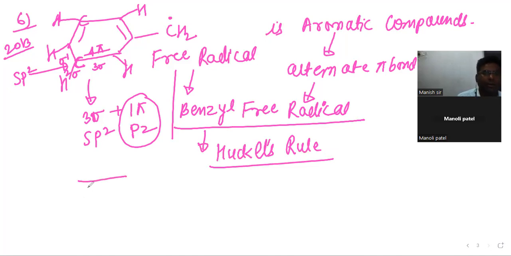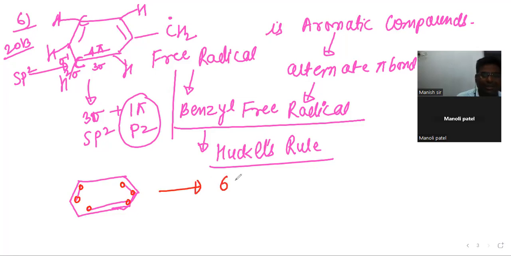So how will you count the pi electrons? Again, I am drawing this structure, right? So there are alternate pi bonds. So you can count the number of electrons: 1, 2, 3, 4, 5, 6.